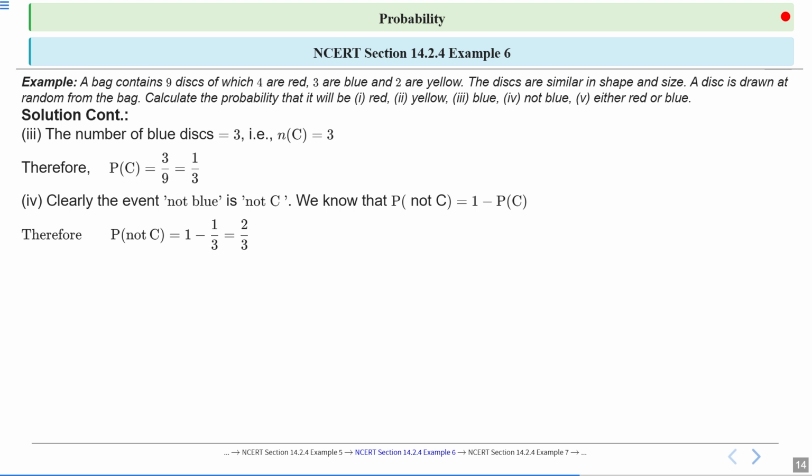So the probability of not C is equal to 1 minus 1 by 3, and if I simplify it, you will get 2 over 3. So the probability of not C is equal to 2 over 3. Clear?